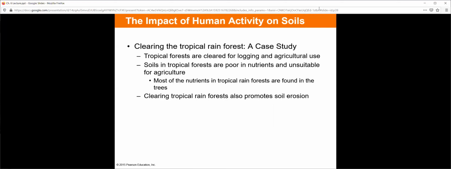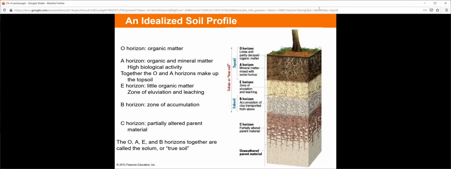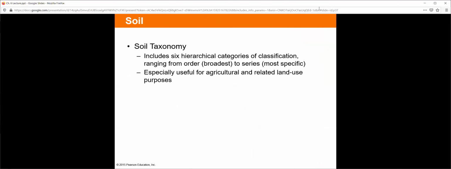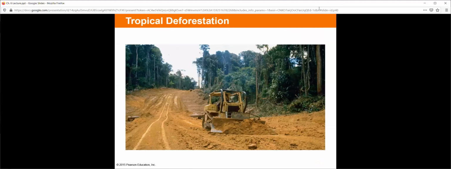And then furthermore, once you clear that rainforest, you're promoting erosion, because the trees that were holding down the soil now are not. And any soil you did have, any of this A horizon topsoil that was useful, is being taken away because all those roots are not there keeping it in place. This results in land that goes from being useful to being unuseful for anything.